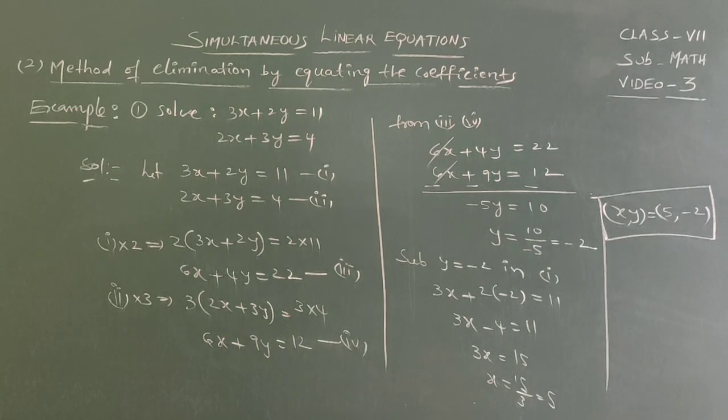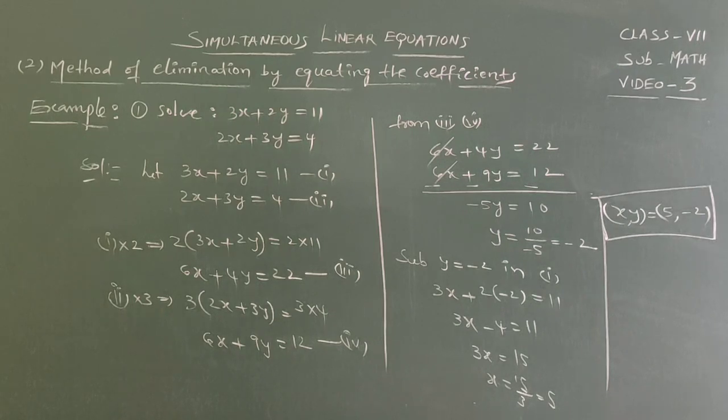Now we got 6x plus 4y equal to 22 and 6x plus 9y equal to 12. Now we got the coefficient of x same. They have same sign, that's why we need to subtract for getting eliminated x.